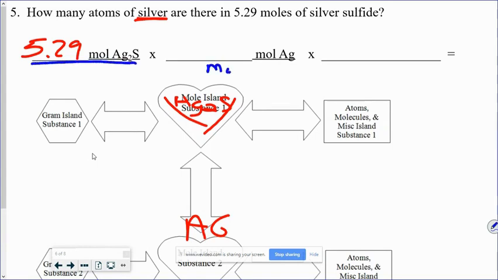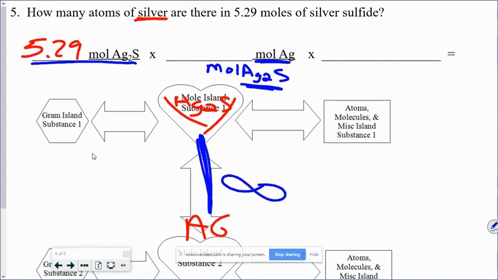So it's going to be moles of Ag2S. So we're going from silver sulfide to silver. We have to go across this mole bridge. If you look on the cover of your unit pack, it talks about infinite sig figs when it comes to subscripts. So we'll talk about that as we're moving along.